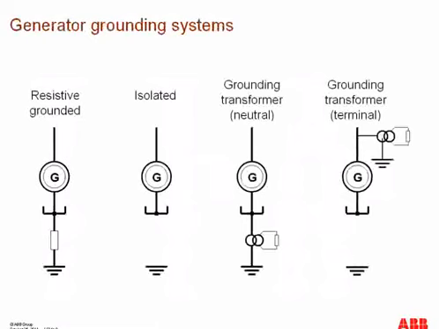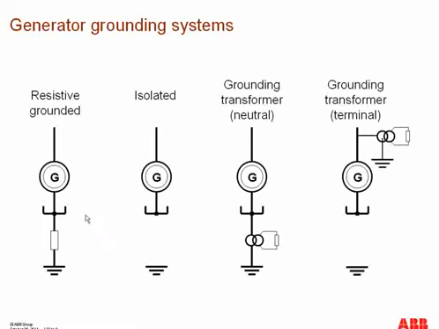There are several ways to provide generator grounding systems, and we will talk about it a little bit in detail, about the benefits and advantages of the different types of grounding systems provided in generating stations. The first one is the resistive grounding.